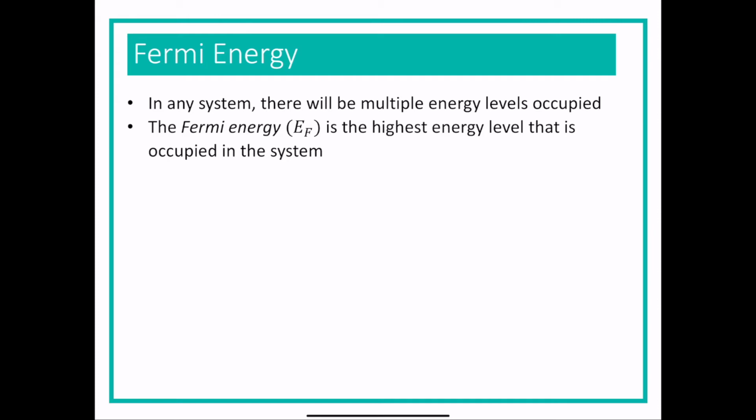And I'll illustrate that today, which is good, because if I did it later, you wouldn't remember what I said today. The Fermi energy doesn't necessarily equal an actual energy level. It just lies somewhere. Oftentimes it lies in the forbidden area. It's just the highest energy level that is there. It's not necessarily the energy level of anything in the system.